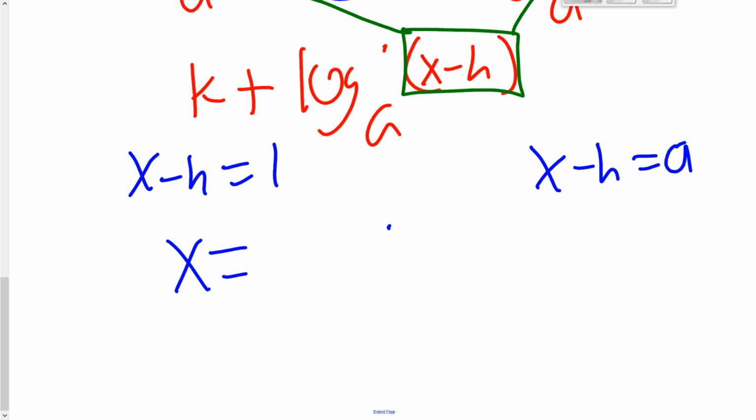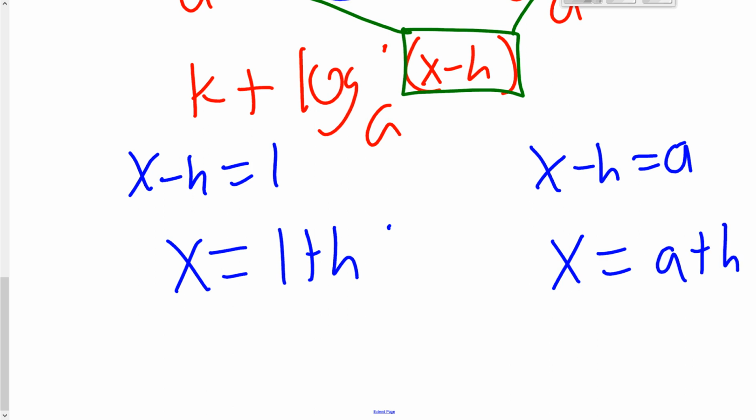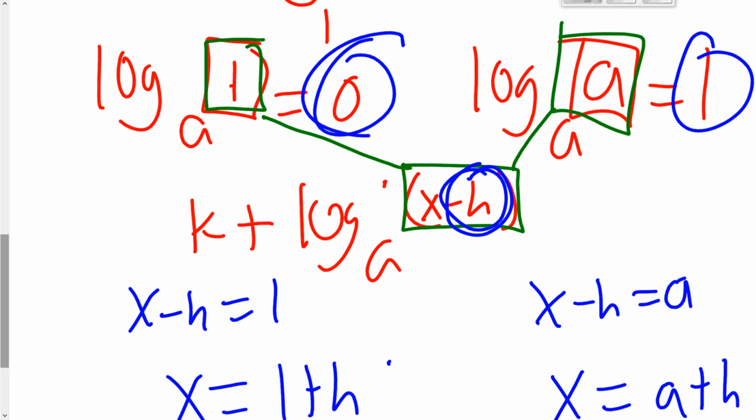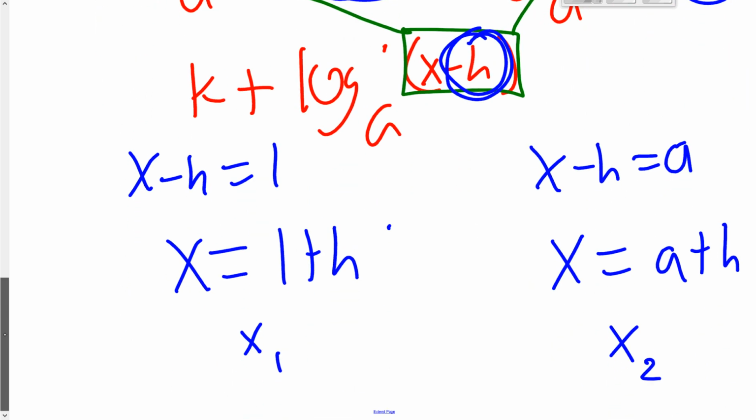I need to pick an x that is 1 plus h, and I need to pick another x that is x equals a plus h. So I take the opposite of this inside and add 1 to it, and that's one x I can pick. And then I can take the opposite of this number in here and add my base to it, and I get my second x to pick. So I get my first x and second x, and I can plug those in, and solving the logs of those will be pretty easy, because the logs of those will be 0 and 1. And then I can just graph those points. Okay, so that's one way to do it.